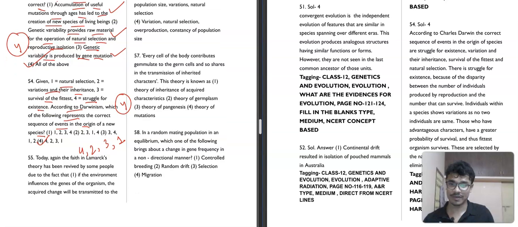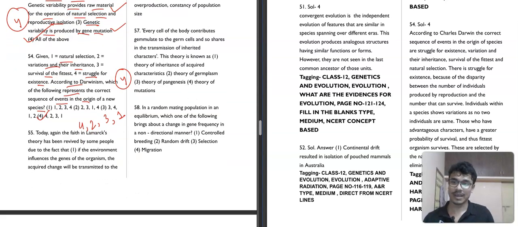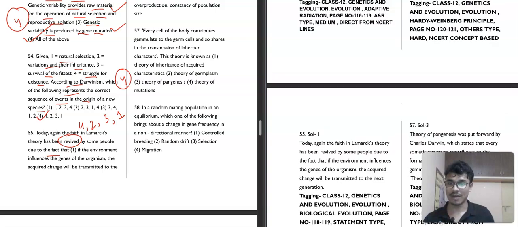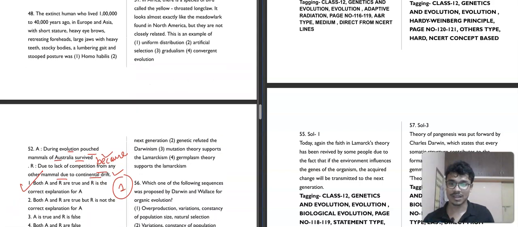Then question number 55. It is saying that today the theory of Lamarck has again been revived by some people due to the fact that if the environment influences the genes of the organism, the acquired changes will be transmitted to the next generation.